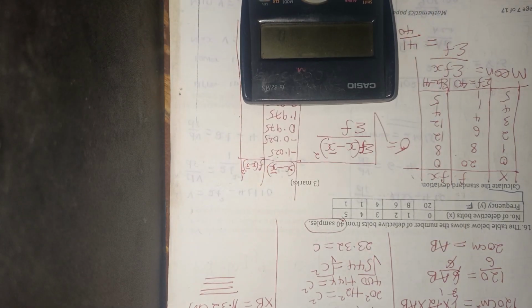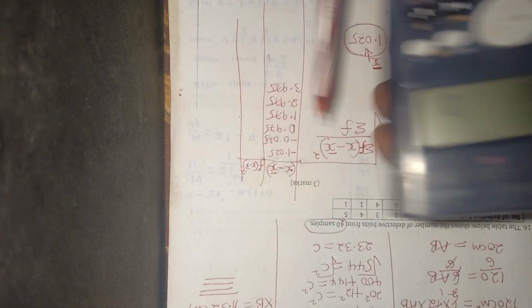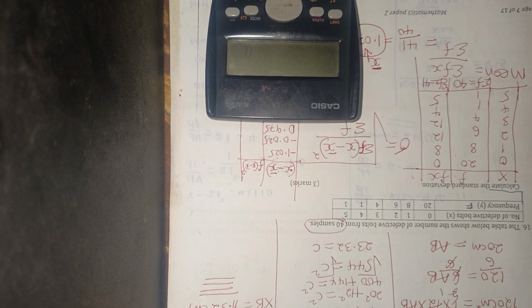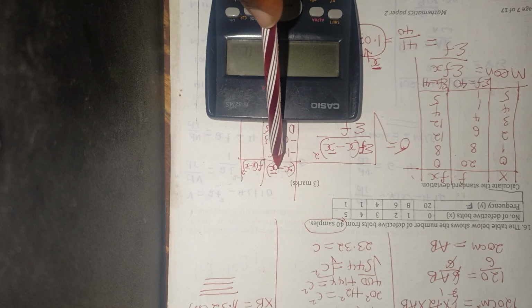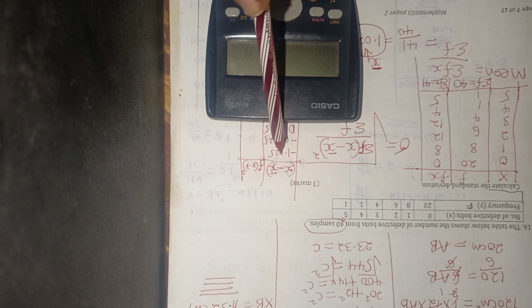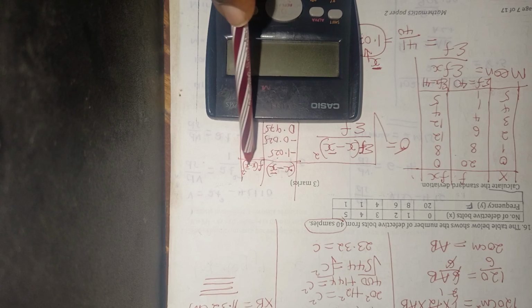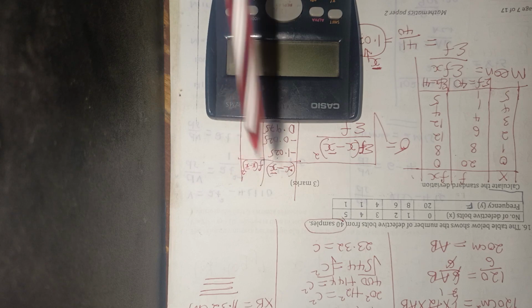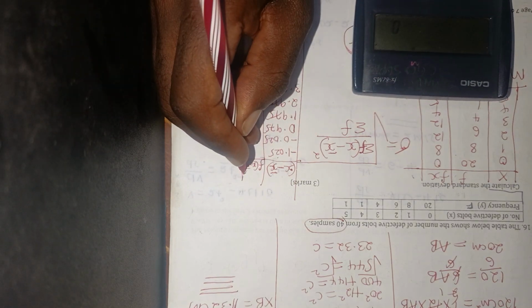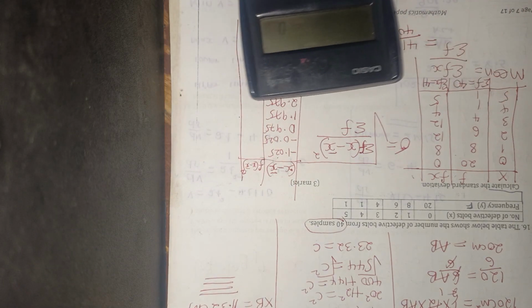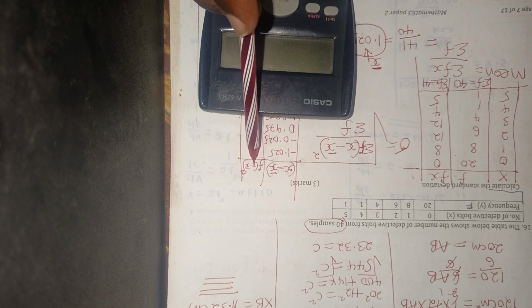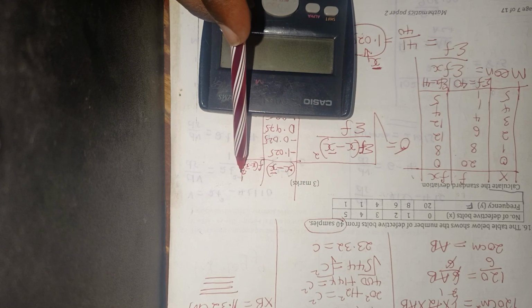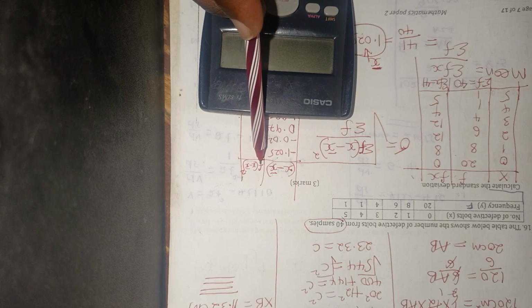You're going to say this is x minus mean, negative 1.025. We have to get x minus mean squared first. Once you've gotten that as the answer, you multiply by the frequency.